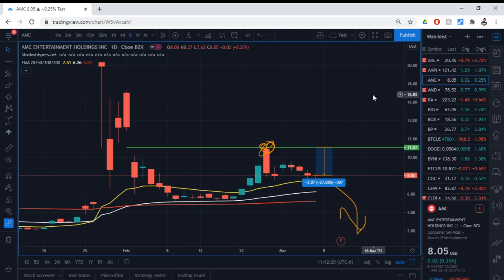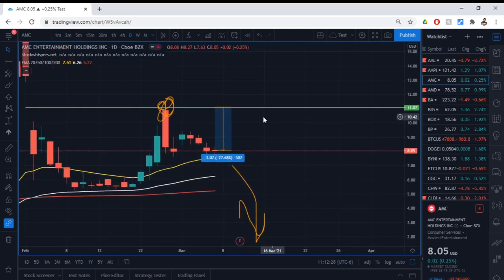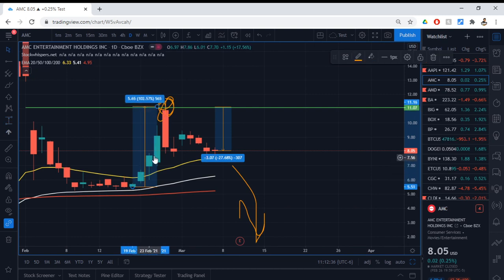Okay. You can make money trading the counter trend, but you need to understand that what you're doing is trading a counter trend, right? So look here, I would have made 100% in 1, 2, 3, 4, 5 days, and here you're taking 1, 2, 3, 4, 5, 6, 7 days to make only 30.